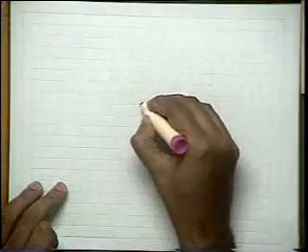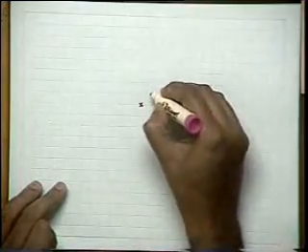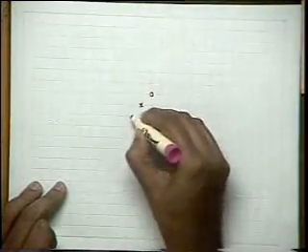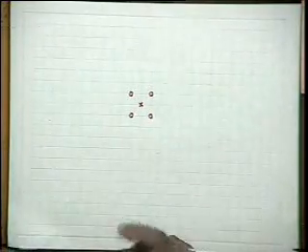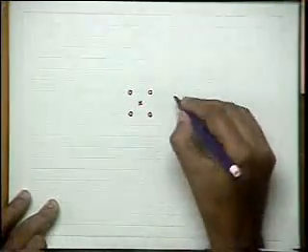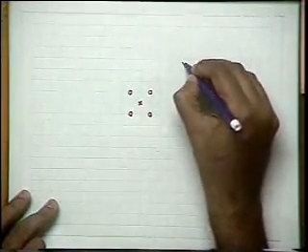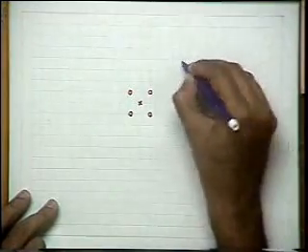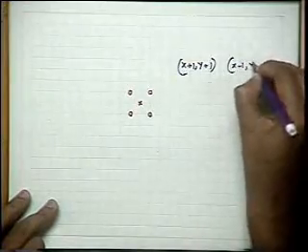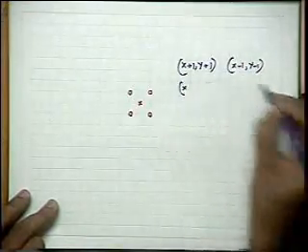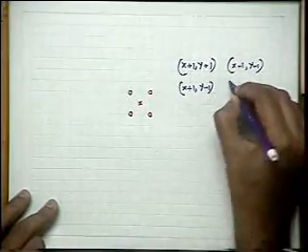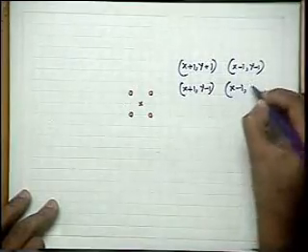Now let us define yet another set of pixels, where we consider the central pixel and these four diagonal pixels, having coordinates x plus 1, y plus 1; x minus 1, y minus 1; x plus 1, y minus 1; and x minus 1, y plus 1.